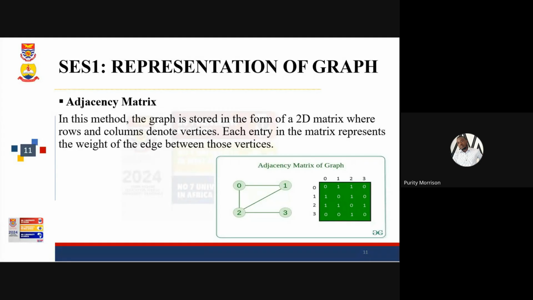Okay, so now the next question. You see, there is 1 on 1, but it's 0 over there. Why? We have only one vector that is labeled as 1, and that one is not linked to itself.